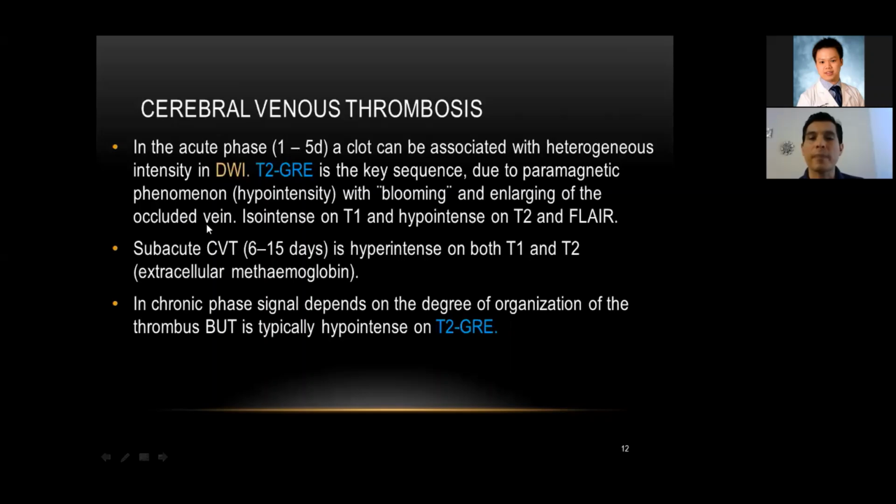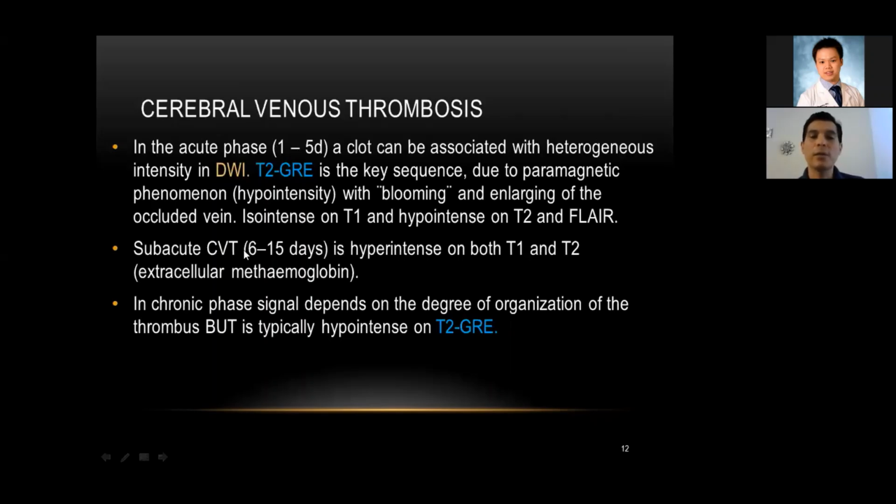So it's isointense in T1 and hypointense on T2 and FLAIR because of the lack of content of plasma since the beginning. Maybe this is different to the previous image.